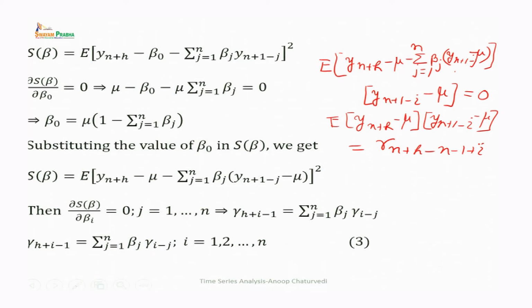So, ultimately you get gamma h plus i minus 1, this n will cancel out.